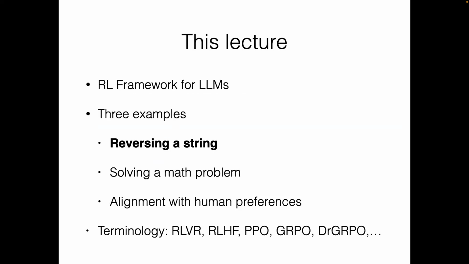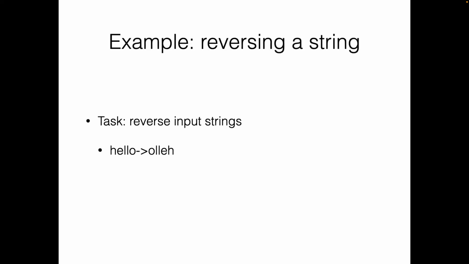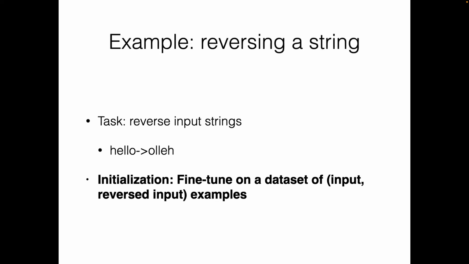Okay, so first is reversing a string. This is the task, and it doesn't require too much explanation. But it's going to turn out to be pretty useful, and we have this implementation that you could run on a Google Colab notebook, and you can train it in like an hour.